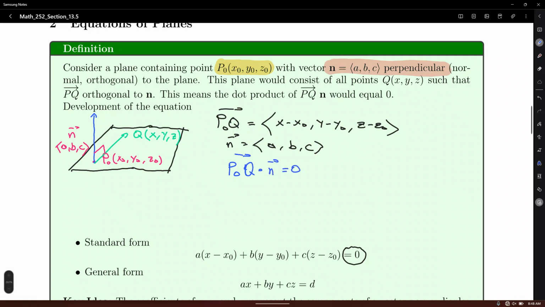That means x minus x naught, comma, y minus y naught, comma, z minus z naught, dotted with the vector A, B, C, and set that equal to 0.